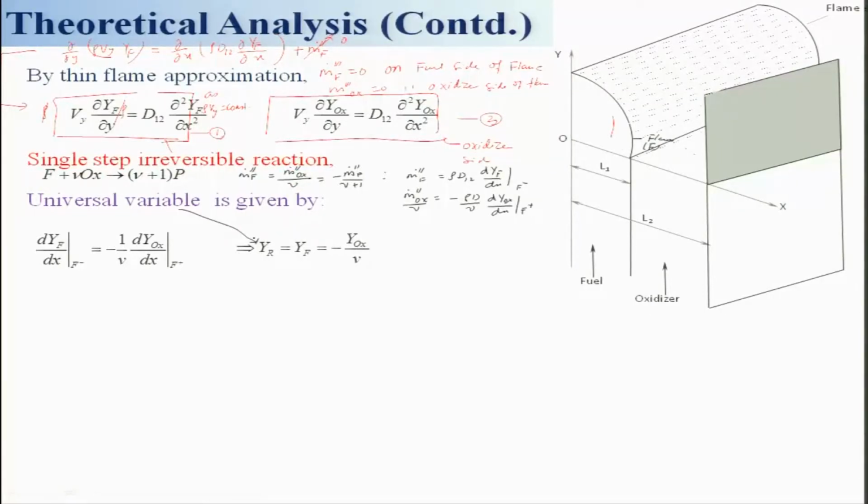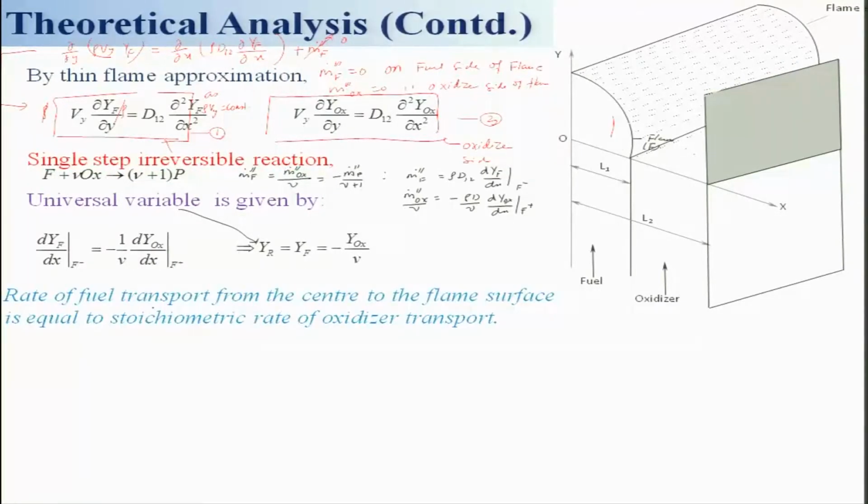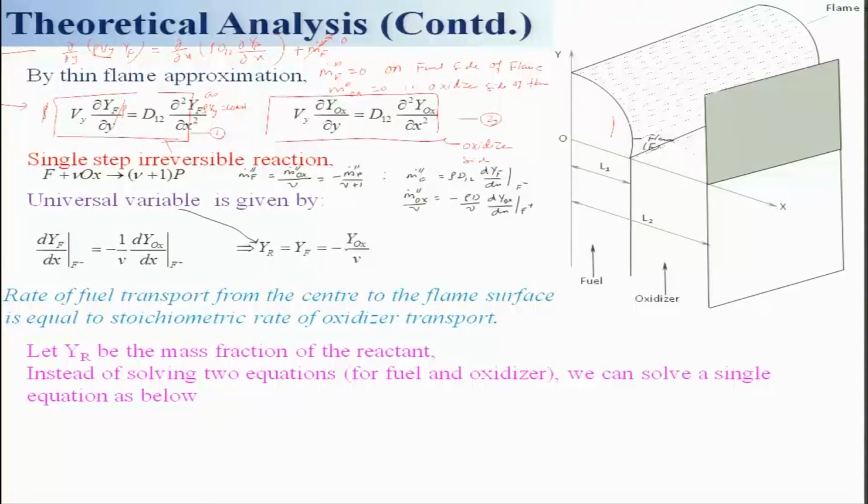If I get that, that means for equations 1 and 2, I can keep in mind that the rate of fuel transport from the center to the flame surface is equal to the stoichiometric rate of this proportion, right, that is what it is saying. And Y_F is the mass fraction of the reactant.